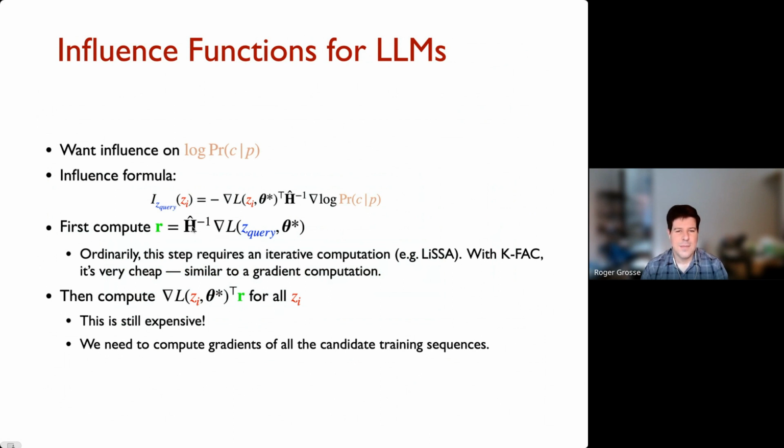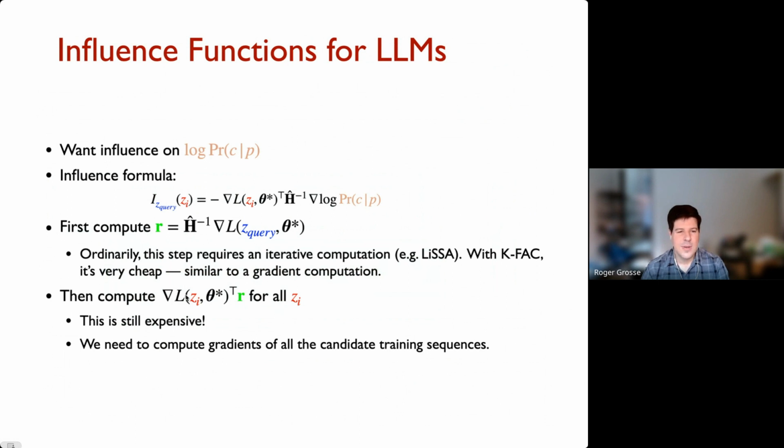So we compute the inverse Hessian times the loss gradient of the query. So that's the inverse-Hessian-vector product. That's the step that otherwise would have required an expensive iterative computation, but is fairly cheap to do using eKFAC. And once we've done that, then we compute its dot product with all of the training gradients.